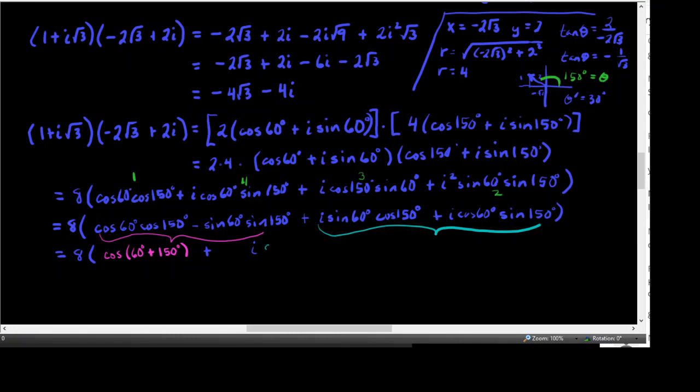That one is sine of the first one, keep the sign, plus the second one. And so that's 8 times the cosine of 210 degrees plus I sine of 210 degrees.